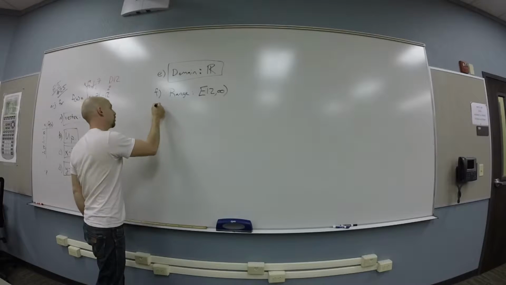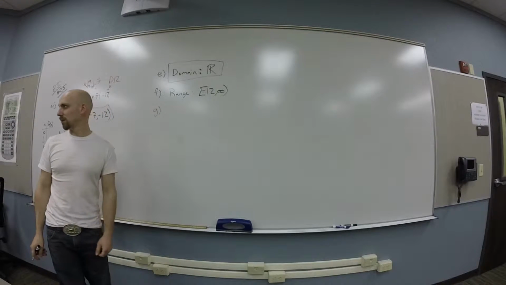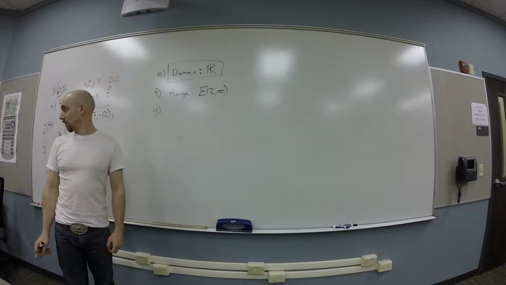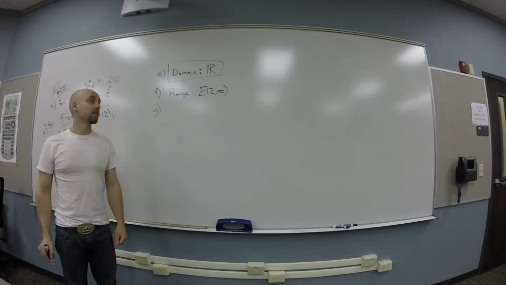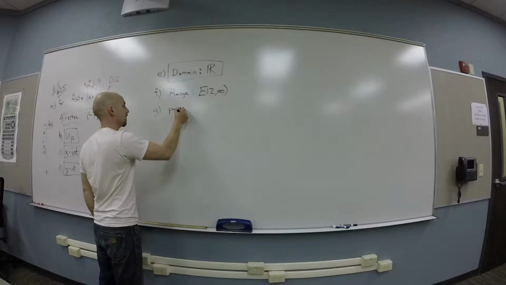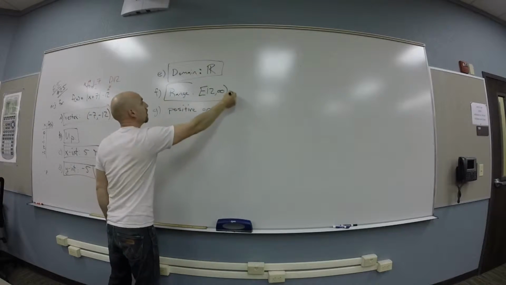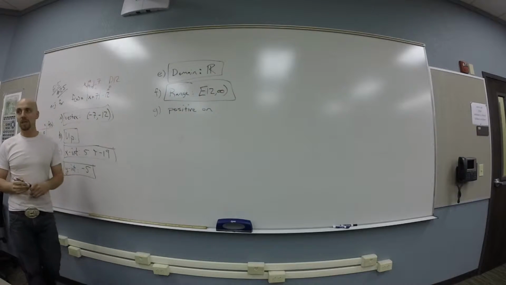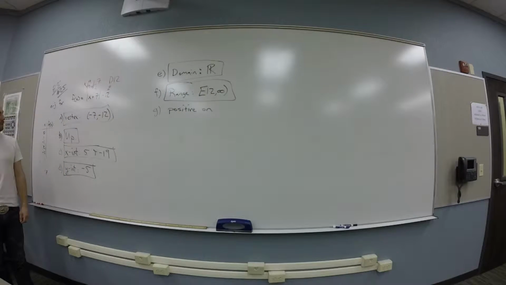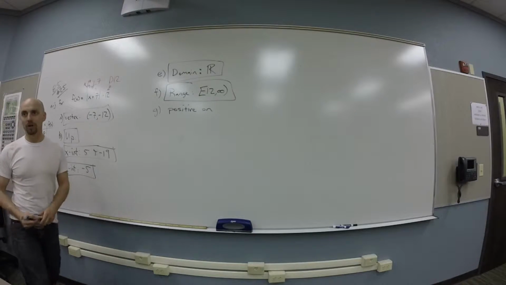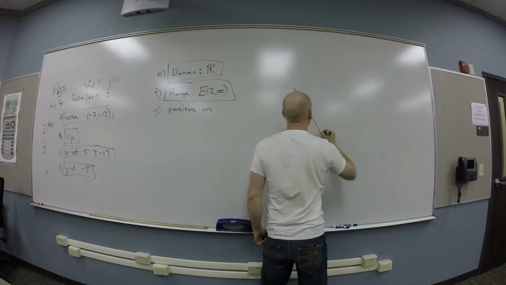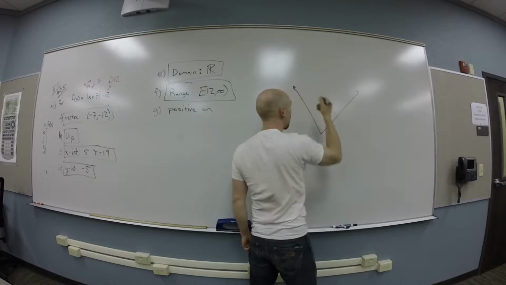Let's see. G is positive. Oh, sorry. Determine the x values for which the function is positive. Okay, so this thing is positive. For this one, I might need a better picture, right? I already have all the stuff for a better picture. I know it's a V shape. I know it opens up.